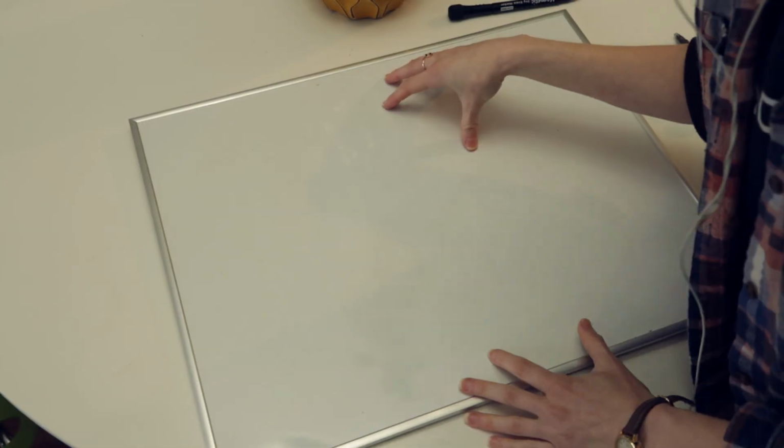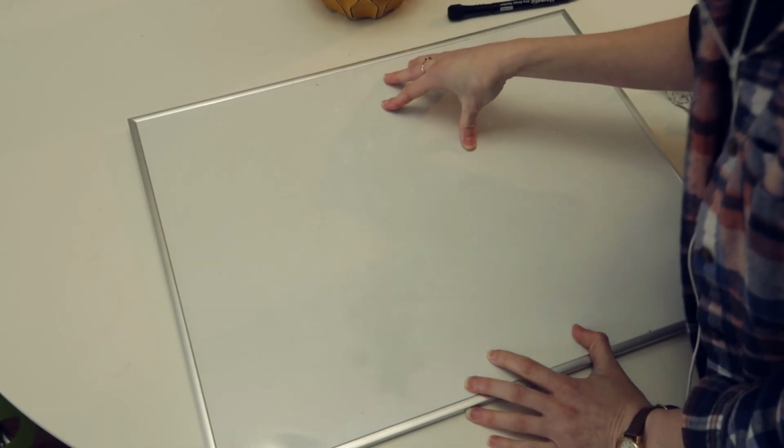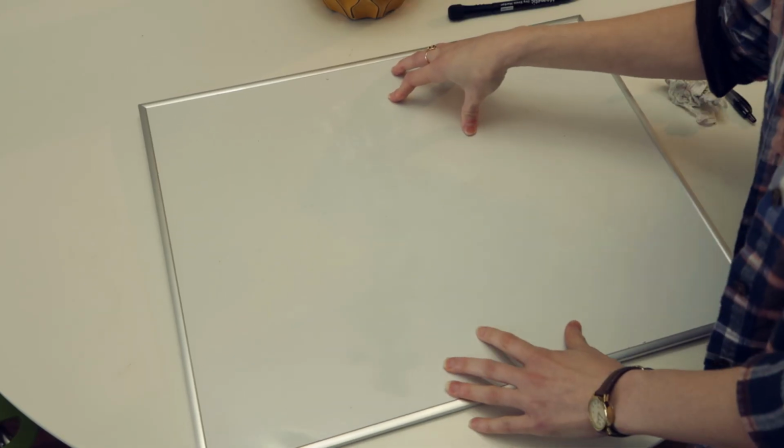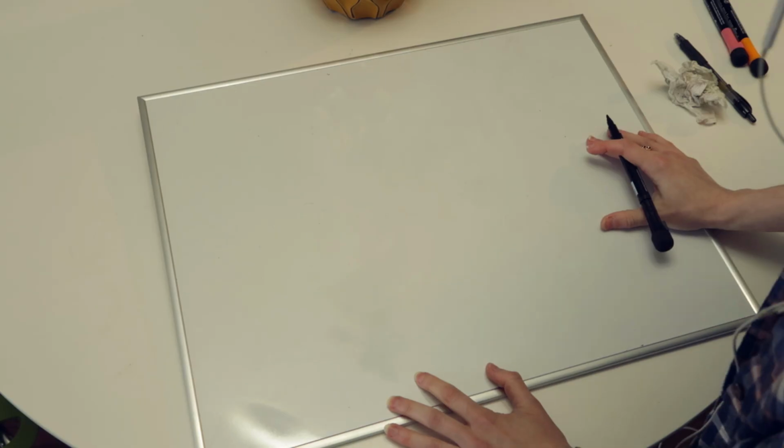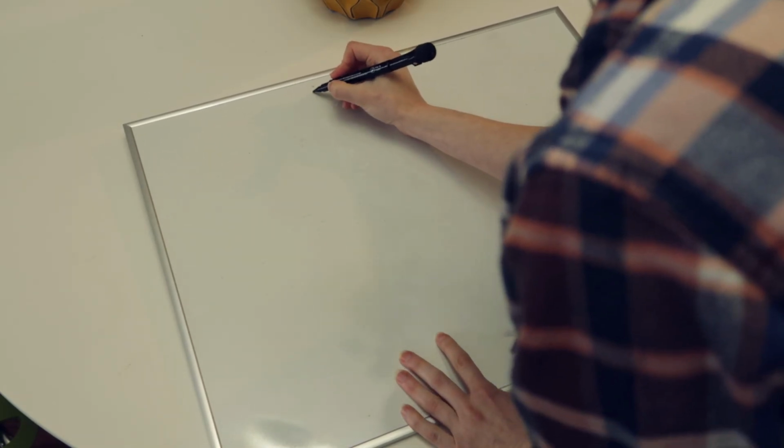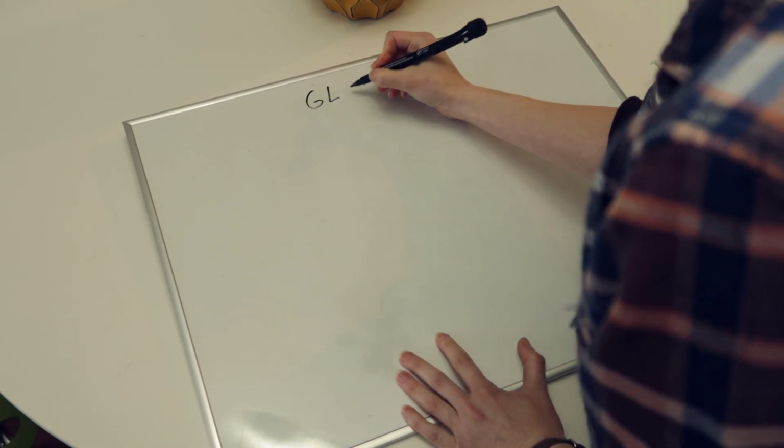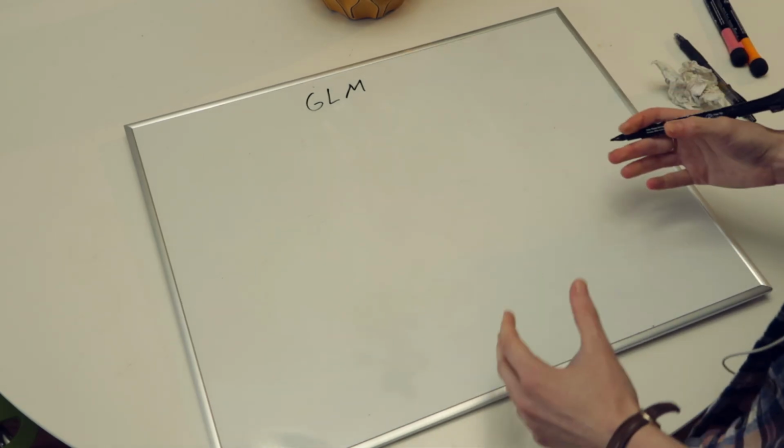So what I'm going to do is talk about statistics and teach you statistics today, the basis of the general linear model, which is what a lot of our statistical analyses are based off of. So we have the GLM, the general linear model of statistics.